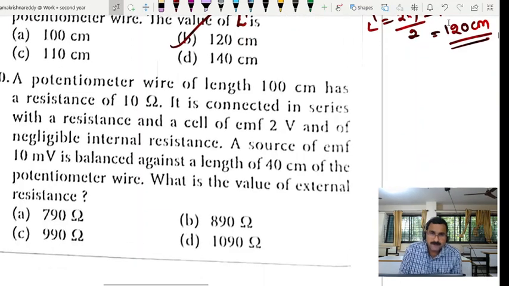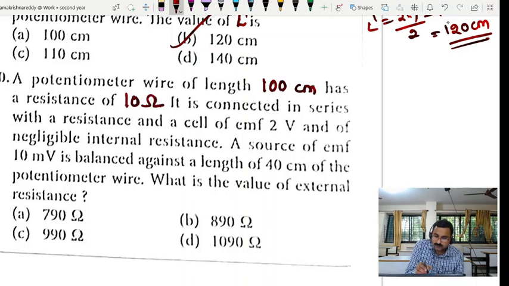Next one: a potentiometer wire of length 100 centimeter has a resistance of 10 ohm. It is connected in series with a resistance and a cell of EMF 2 volt. This is 100 centimeter, and this is the 10 ohm. A source of EMF 10 millivolt is balanced against 40 centimeter of the potentiometer wire.